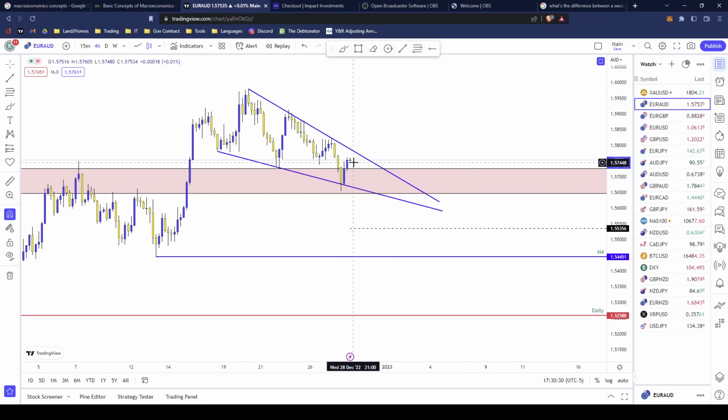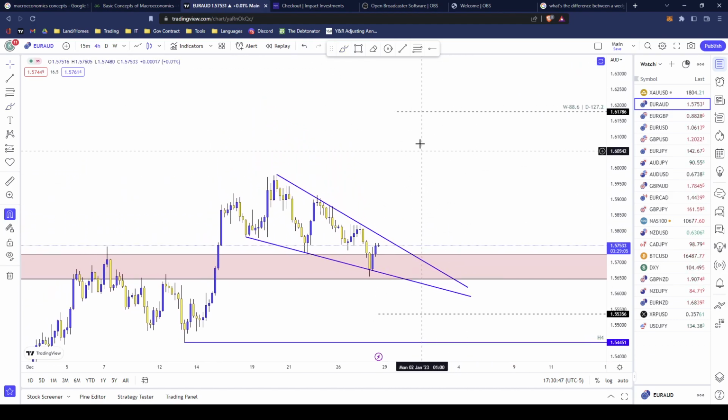But if it breaks this level, it's slight confirmation. We want to look for something obvious. So if it goes here, comes down and does something obvious, like an engulfing candle or something, then we'll look for buys to this level here, and we'll just swing this entire trade.